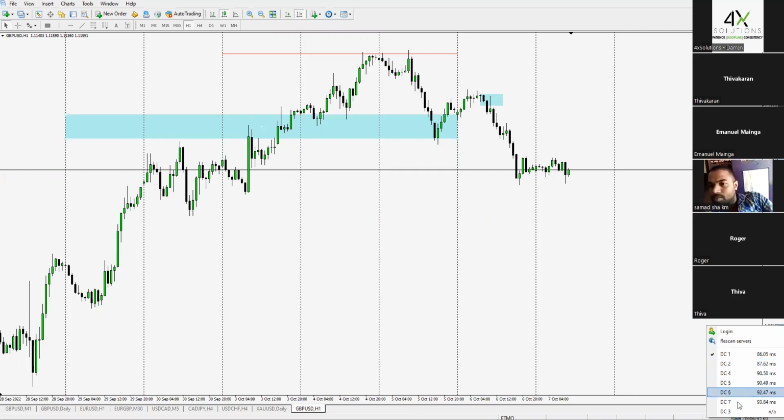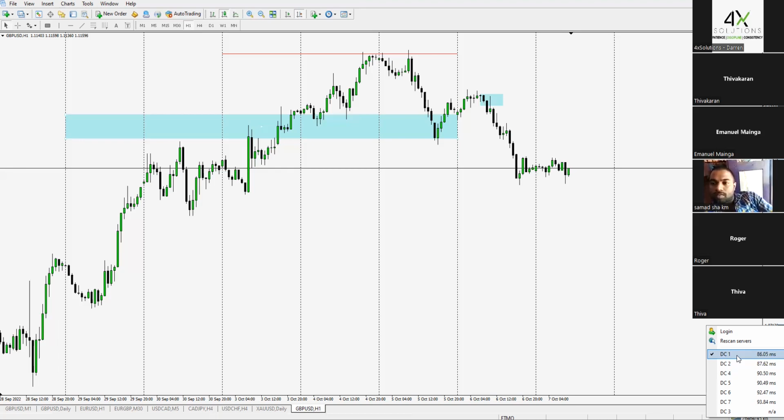Latency is the description of how long information takes to get from one point to another in milliseconds. From my internet connection to my broker's data center, it takes 86 milliseconds, which is just shy of 1 second.